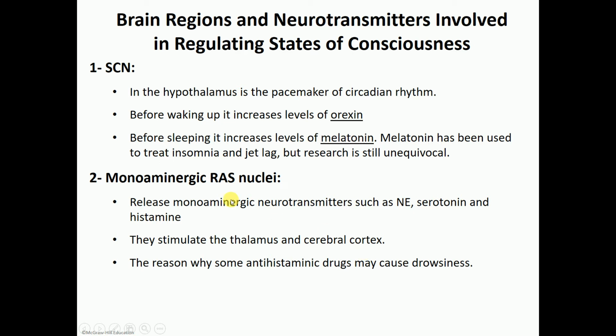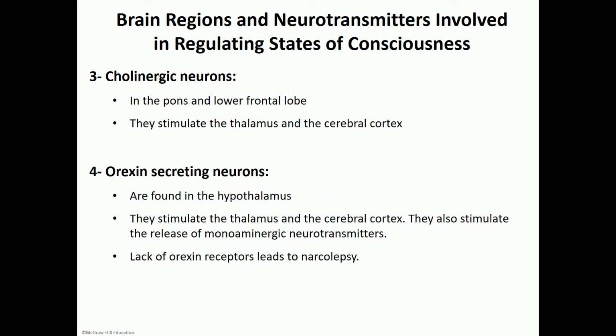And this is the reason that antihistamines can cause drowsiness, okay? Because you are blocking that histamine from these nuclei, and again, histamine is one of the ways that we stay awake. The cholinergic neurons, those were the neurons that were found in the pons and the frontal lobe, and those also stimulate your thalamus and cerebral cortex.